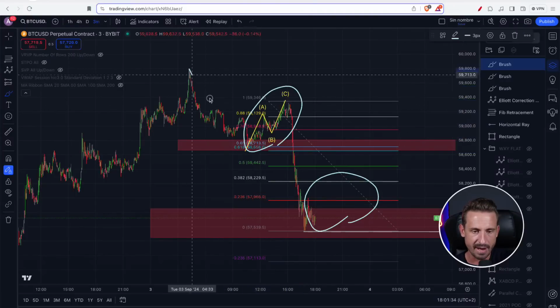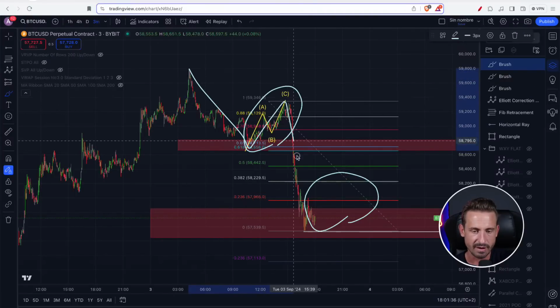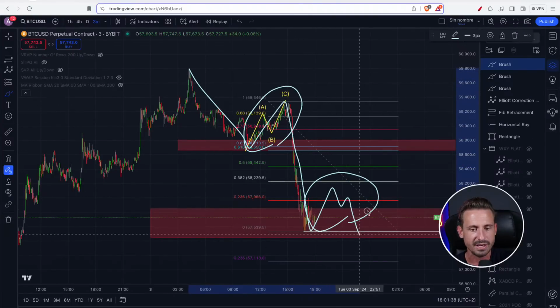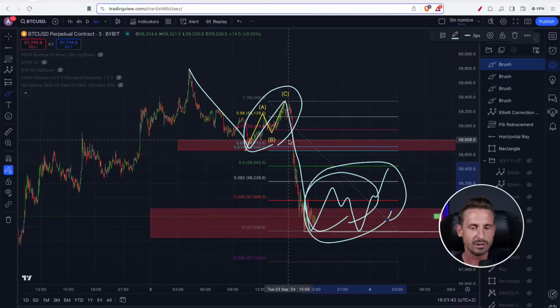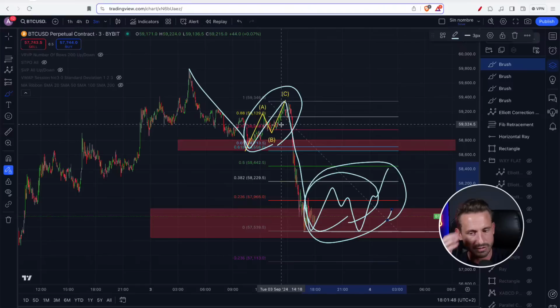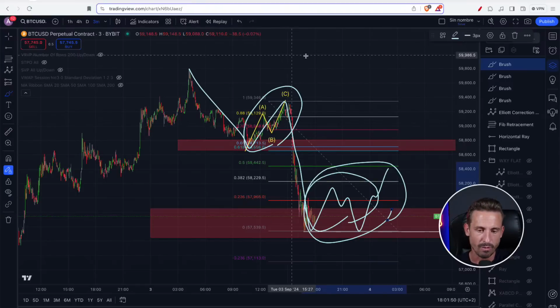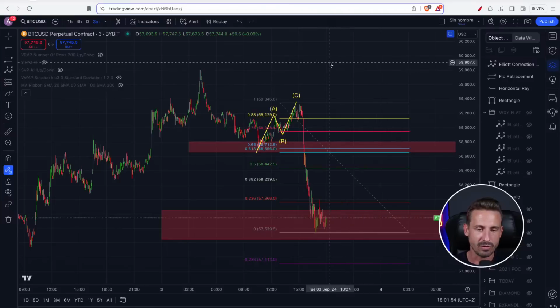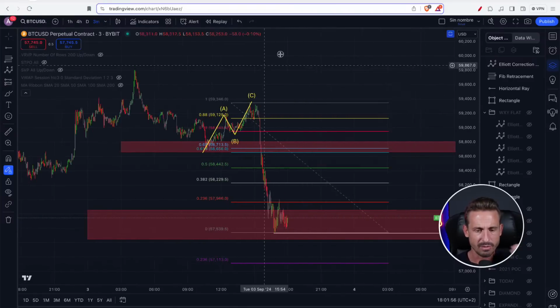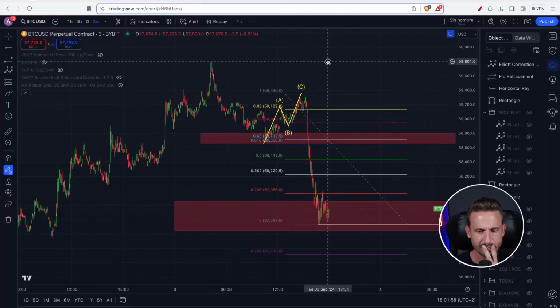So if we are counting this as a wave 2, wave 4s are usually larger in timing, right? They're usually double, 1.5, double, triple even in timing compared to a wave 2. So it could take many hours to form a wave 4. But we'll be analyzing very carefully, of course, in the Legends trading community. But I wanted to talk about the possibilities.